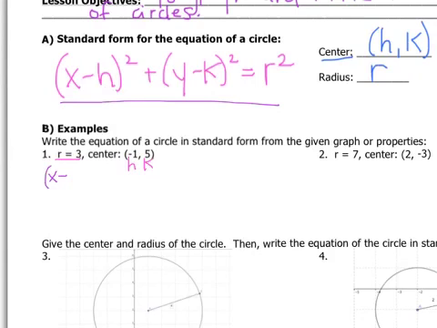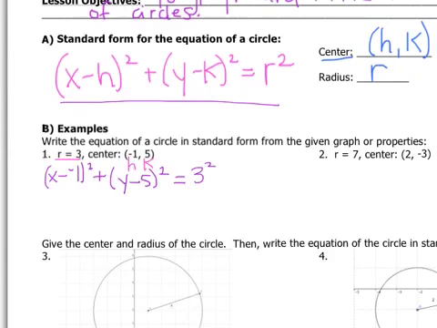All right, so this is going to be x minus -1 quantity squared plus the quantity y minus, what's the value of k? Okay, so we'll have y minus 5 quantity squared equals, what's my value of r? So we'll have that equal 3 squared.